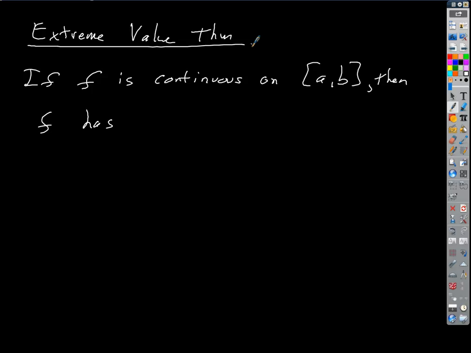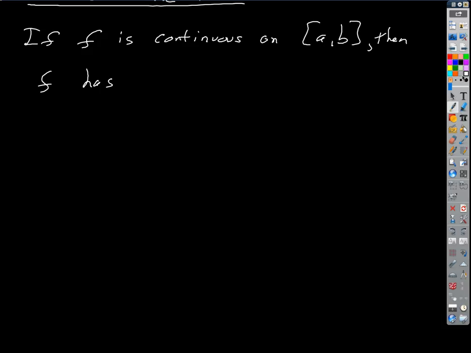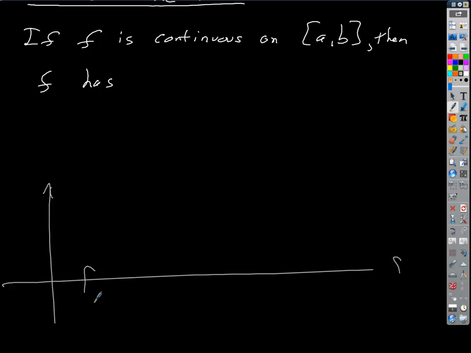It can't have any breaks, so when I write it, what about my pen? You can't pick it off the board. So if I can't pick my pen off the board, think about what this graph is gonna have to do. If I'm going from A to B, what has to be true? There's gonna be at least one maximum and at least one minimum, right?